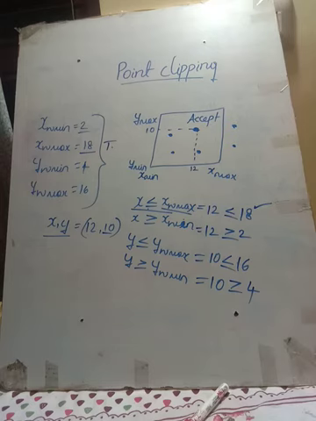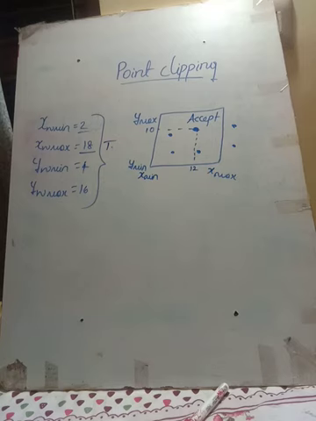Okay, so now we'll continue with the concept again. We'll check for a point outside the boundary also. If you go for outside the boundary, actually speaking, we won't get values only.